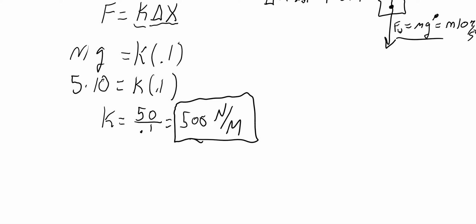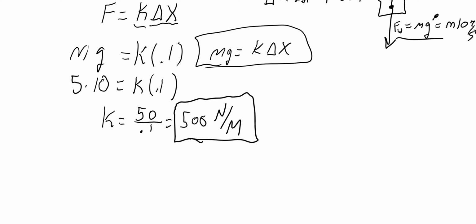A nifty formula, if I hadn't plugged in any of these numbers, if I had just said mg equals k delta x, this is a good thing to hang on to. If you want, you can rearrange it to say that k equals mg over delta x, although there's no guarantee that the problem is going to ask for k. Maybe the problem will give you k and ask for delta x, in which case you're just going to have to rearrange it again. So if you were to remember something, I would tell you to remember this.